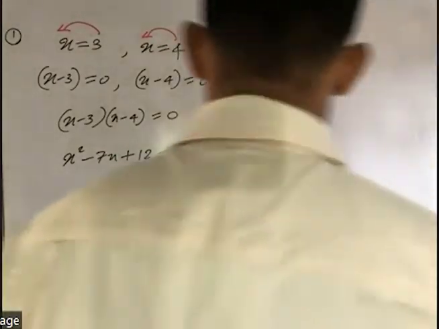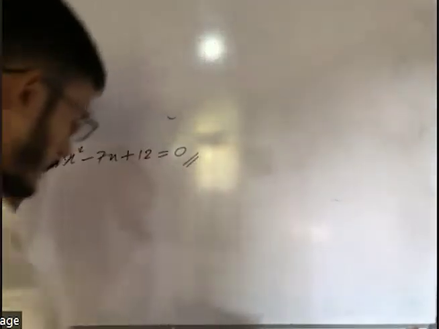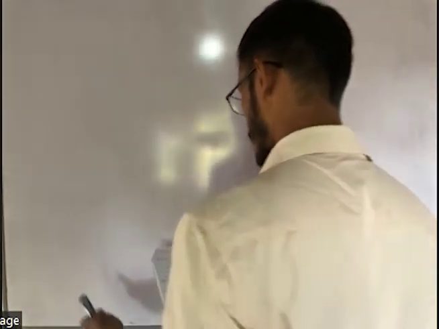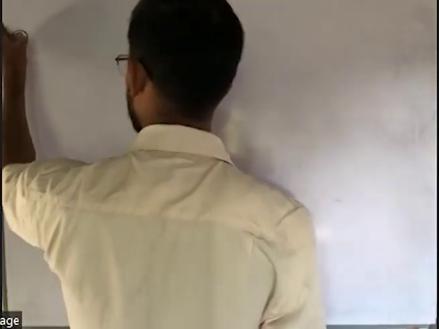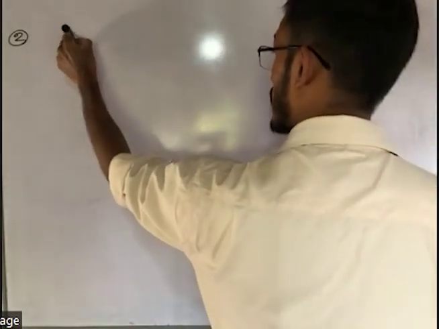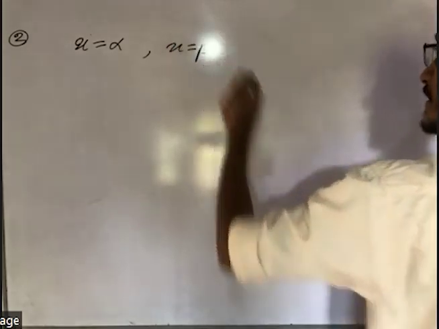Write down the next example. Find the quadratic equation with roots alpha comma beta. Second one, find the quadratic equation with roots alpha comma beta. Now look at this, alpha comma beta. That means x equal to alpha, x equal to beta.